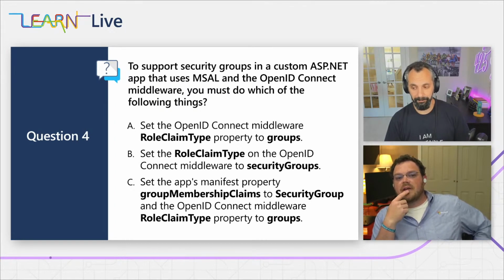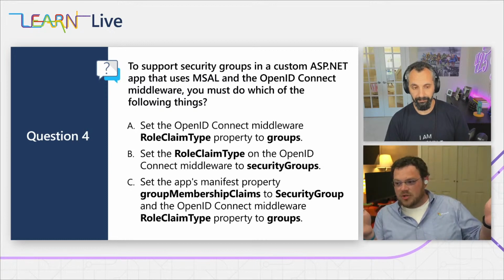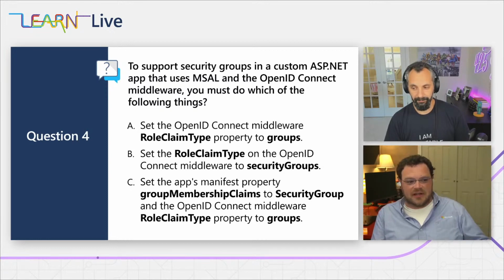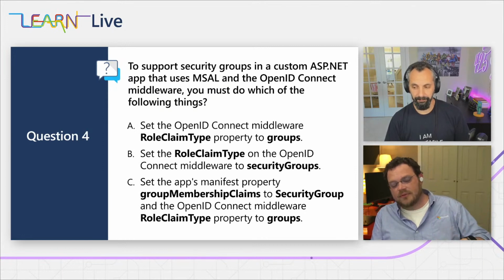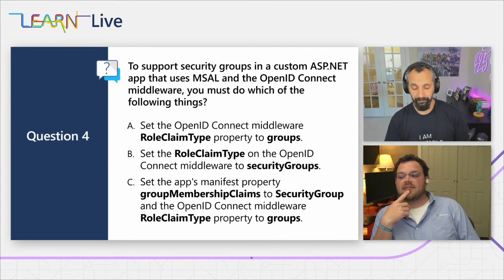And by default, that claim name is what ASP.NET Core uses to put you into a role. That's why your role showed up as schemas.microsoft.com or schemas.xmlsoap.org, blah, blah, blah, /role, because it got translated by default from the roles claim name. But that's because you had emit as roles on the manifest itself.